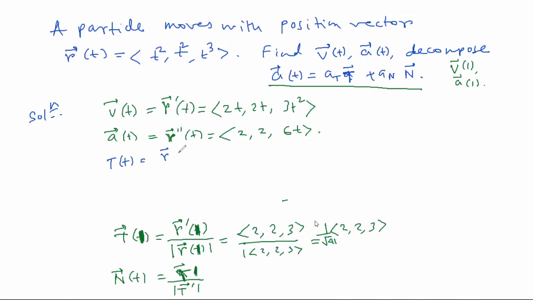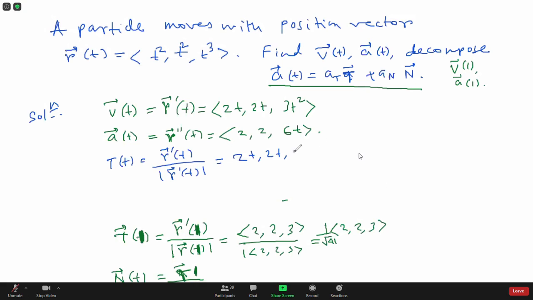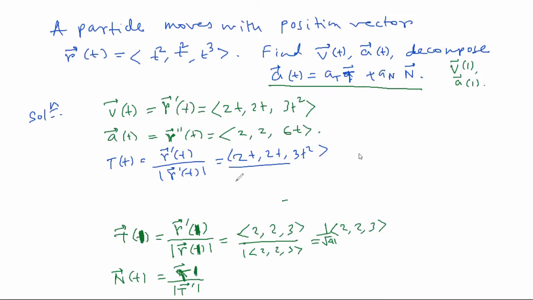R prime of t divided by its magnitude. R prime you already know: 2t, 2t, t squared. And the square root of this: 4t squared plus 4t squared plus 9t to the 4, right?